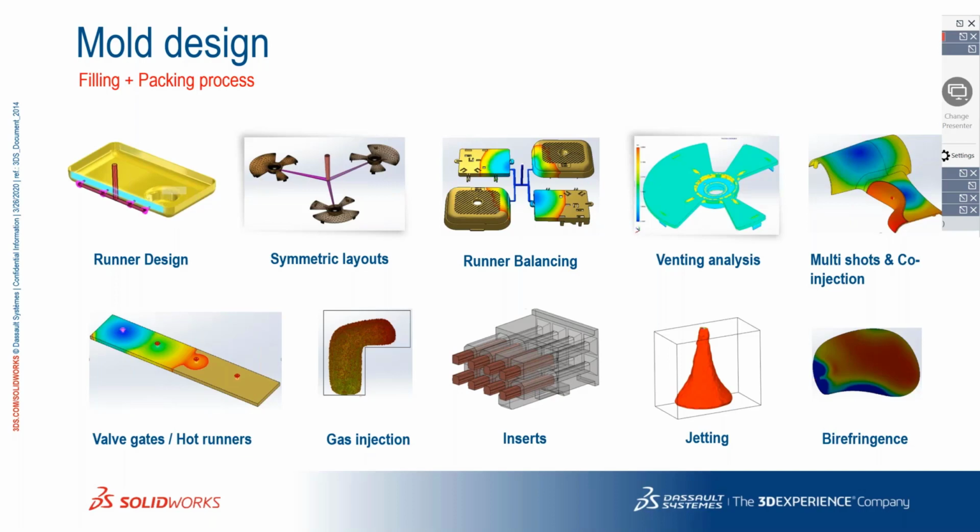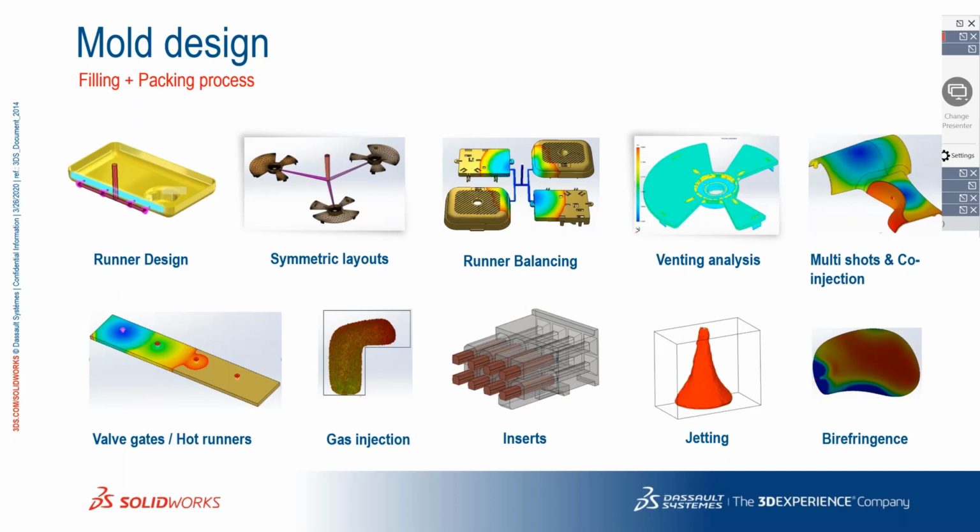Multi-shots and co-injection, where I have multi-shots as well as co-injection of different materials. For example, if you take a toothbrush, in one set of injection I'll be injecting a different material which forms the body, and another shot of injection is a different material which fills the handle part of it.